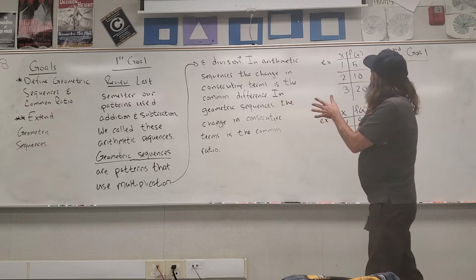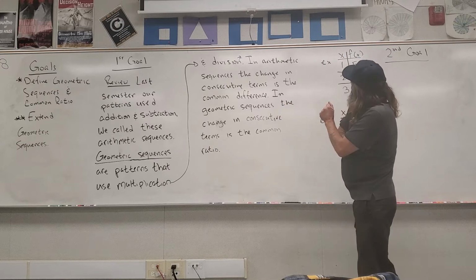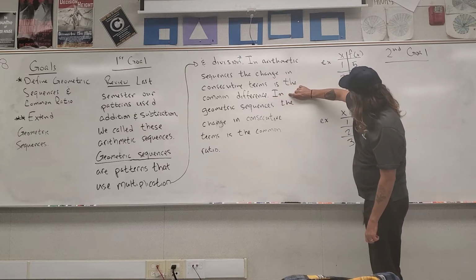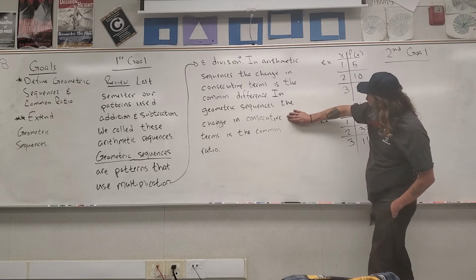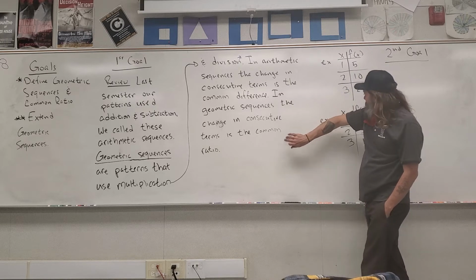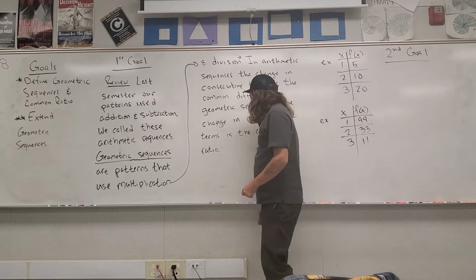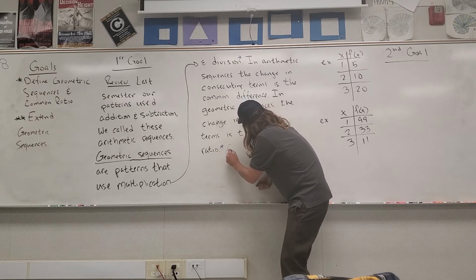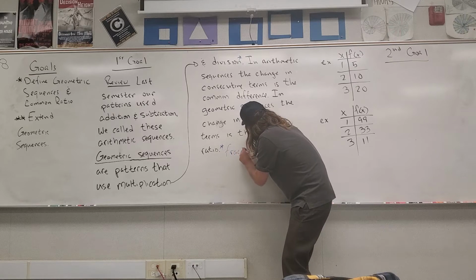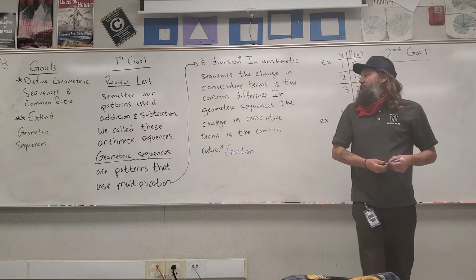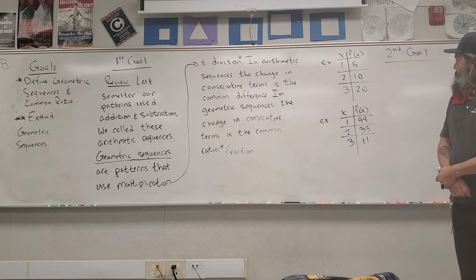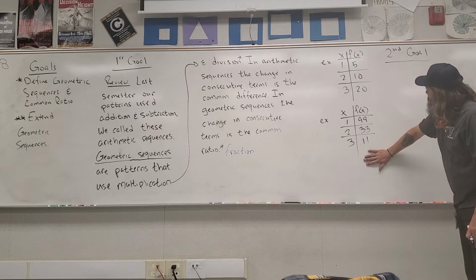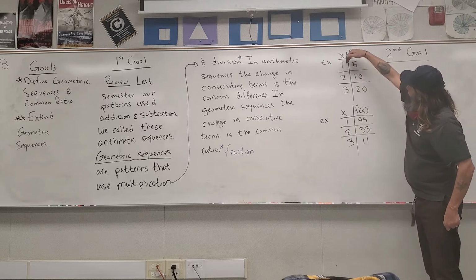But anyways, in arithmetic sequences, the change in consecutive terms is a common difference. In geometric sequences, the change in consecutive terms is a common ratio. Now, common ratio is a fancy way that people say the word fraction. So there's a common fraction. I have two examples here of tables that grow in sequential order.